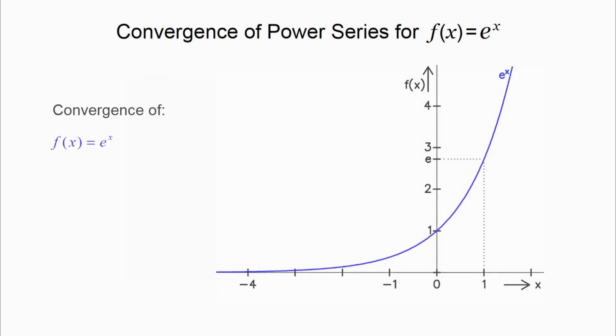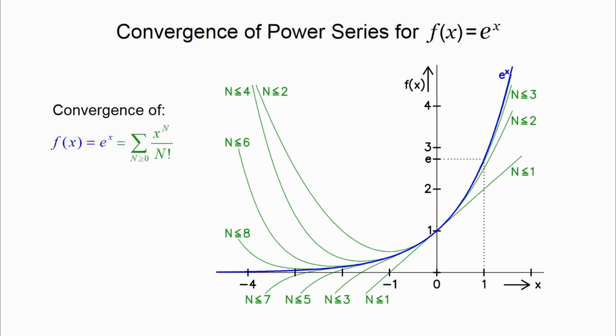A nice illustration further is the comparison of the function e to the x to the polynomial that's obtained by evaluating its power series up to a certain length. When n is restricted to 1, that's when only the terms 0 and 1 are taken into consideration, the tangent line is reproduced that was the initial estimation when setting up the series.